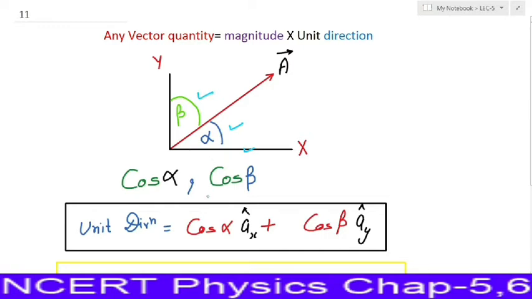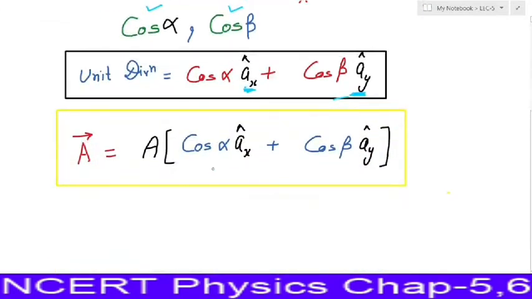Now take the cosine of these angles, so they become cos alpha and cos beta. Because alpha is the angle made with the positive x-axis, put ax cap with cos alpha, and because beta is the angle made with the positive y-axis, put ay cap with cos beta. Now our unit direction term is ready. It would be cos alpha ax cap plus cos beta ay cap.